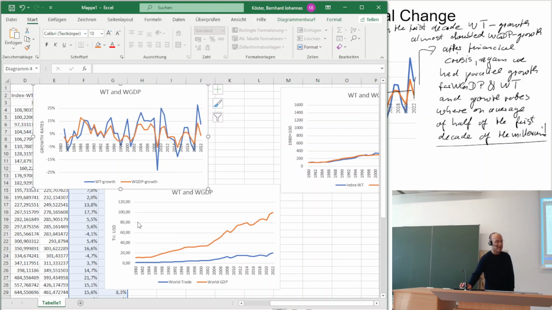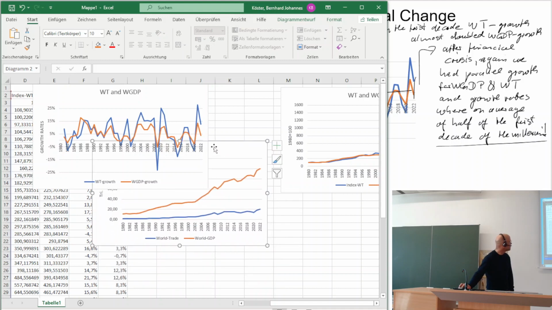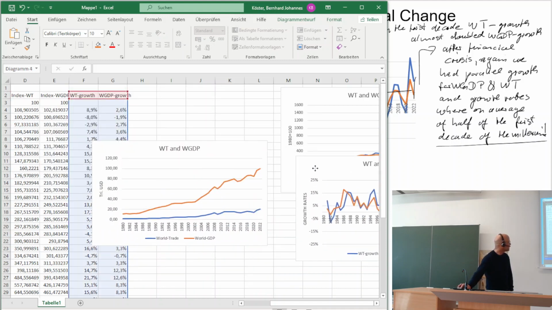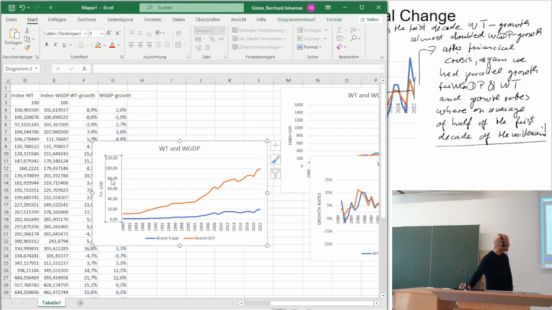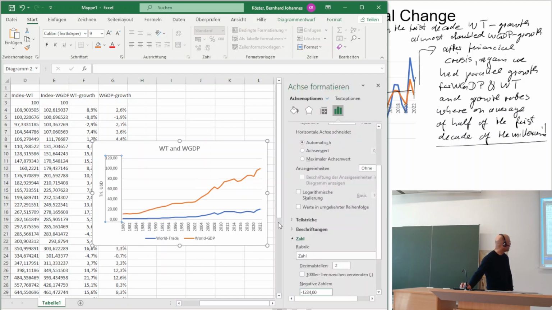This is another possibility if you don't want to do this manipulation in order to go to the index. You can also manipulate the axis here. Sorry. So then this has to be somewhere else so that you see this. And here you have the possibility to change the axis to a log scaling.